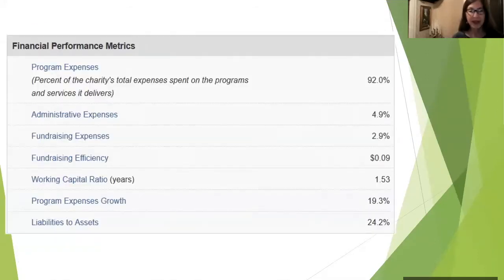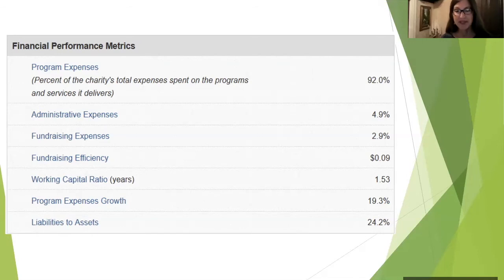So on the financial performance metric, they're looking at program expenses. We talked about this last time on the financials, and we'll talk about it again when we get to that page, but Charity Navigator computes the ratio of program expenses to total expenses, and they also compute that same ratio of administrative expenses and fundraising expenses.